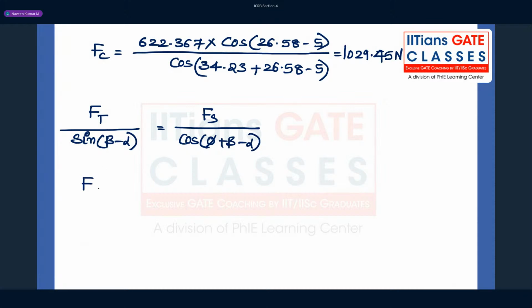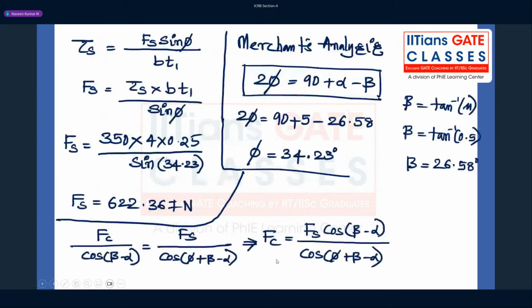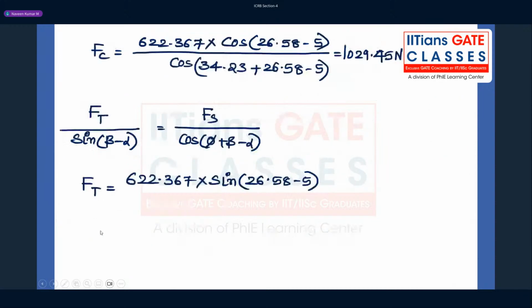That is Ft is equal to Fs, 622.367, into sine of 26.58. Same formula as before; instead of cos, I'm getting sine. That's why I'm writing directly.